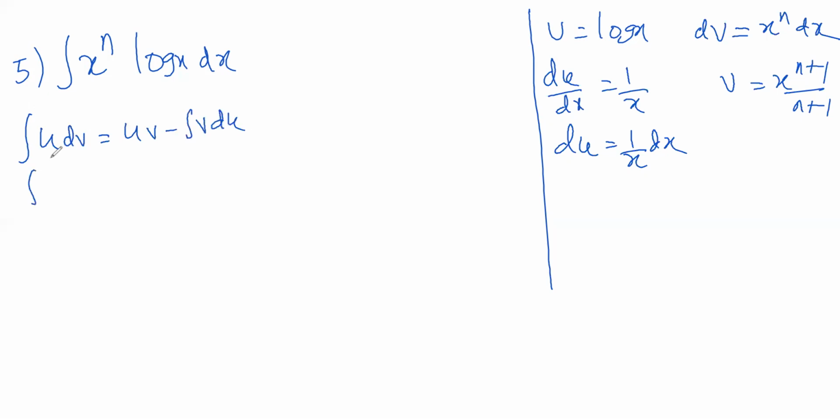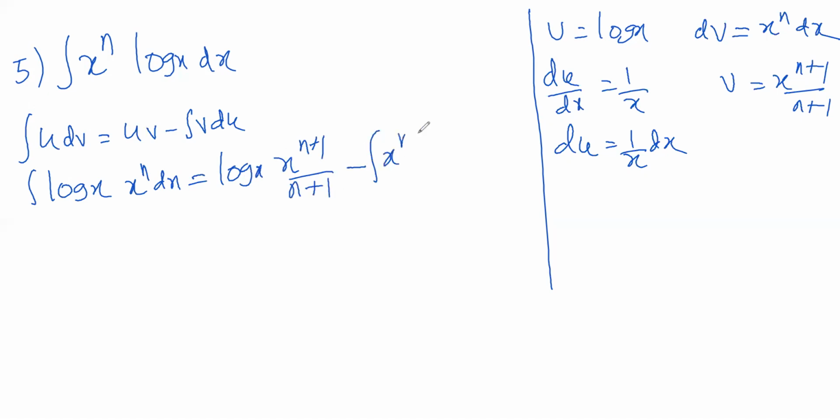That is, u is log x and dv is x power n dx, so it equals uv, log x times x power n plus 1 by n plus 1, minus integral x power n plus 1 by n plus 1 into du, where du is 1 by x dx.